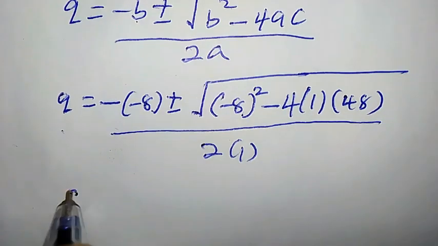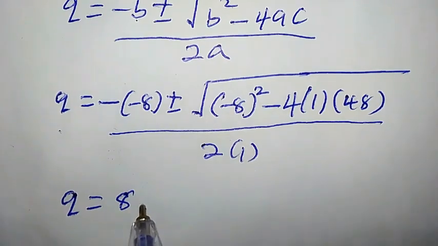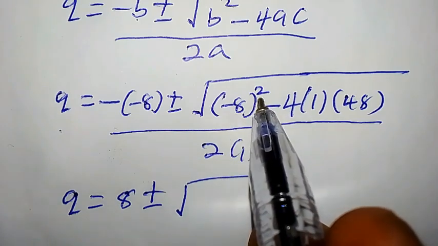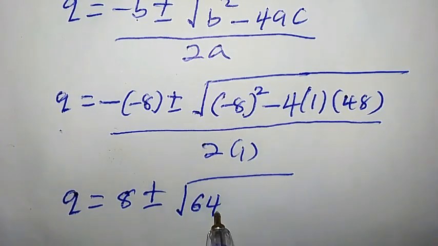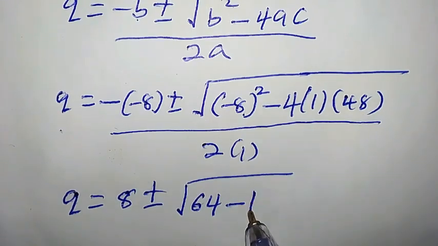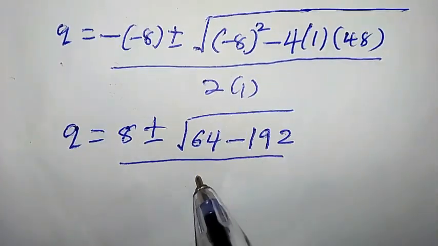Let's proceed further. Q equal to minus times minus 8, that is 8, plus or minus square root of minus 8 to the power of 2 is 64, minus 4 times 1 times 48, that is simply 192, all over 2 times 1, that is 2.